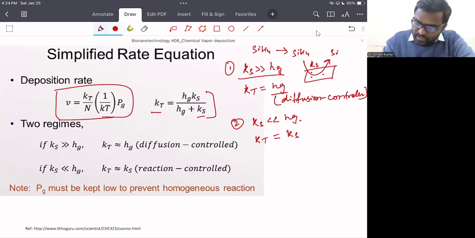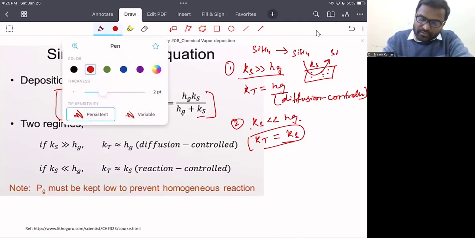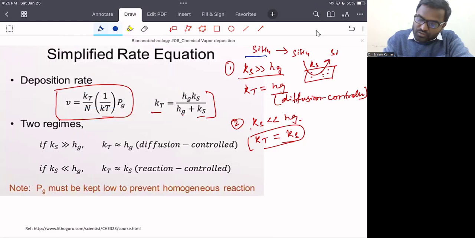So what is happening in this particular case, your surface reaction at the surface is much slower as compared to the diffusion from the bulk to the interface. So in this case, this is called reaction control.